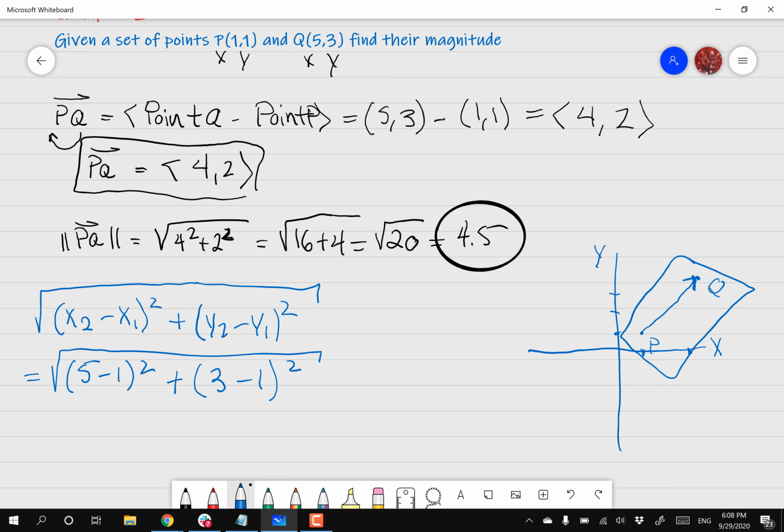Again, if you look at the top, x1, y1, x2, y2.